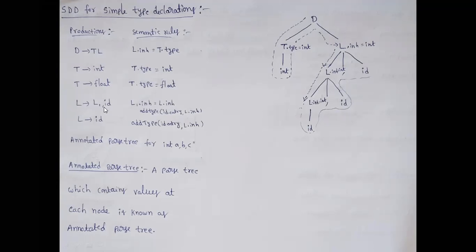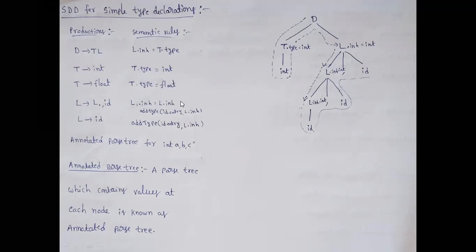So L produces L comma id. What is the semantic rule? L1 dot inherited equals to L dot inherited. So what is the parent value here? L is the parent and L1 is the child. So L1 comma id is the child for parent L. Then the semantic rule is L1 dot inherited equals to L dot inherited.